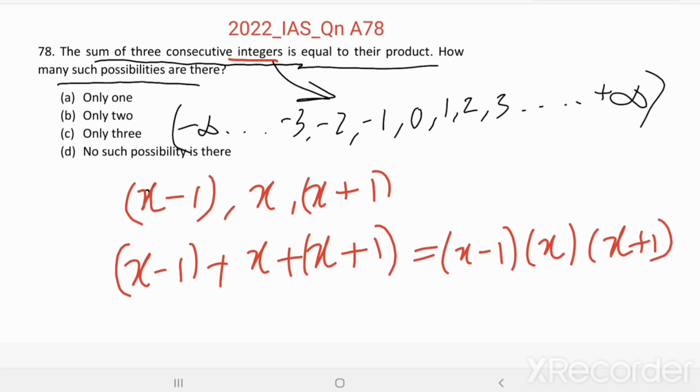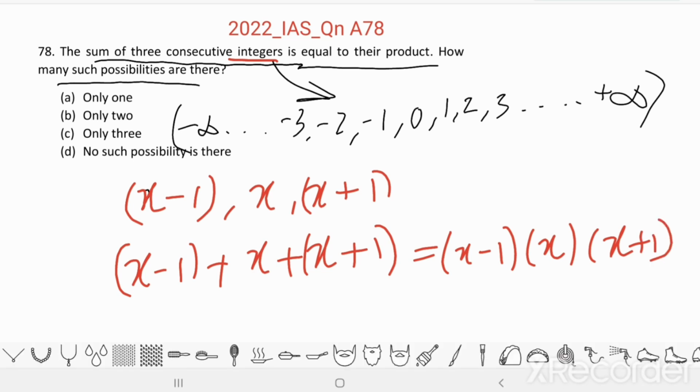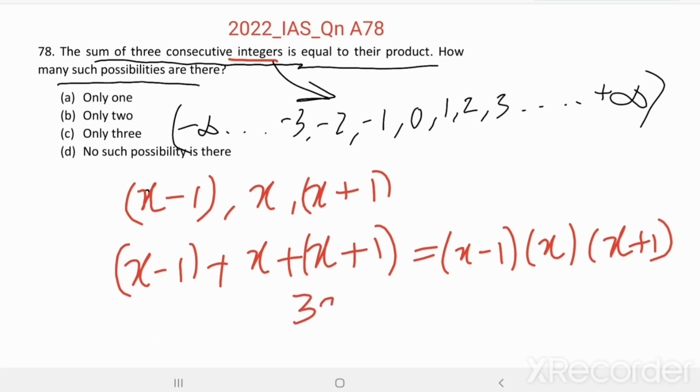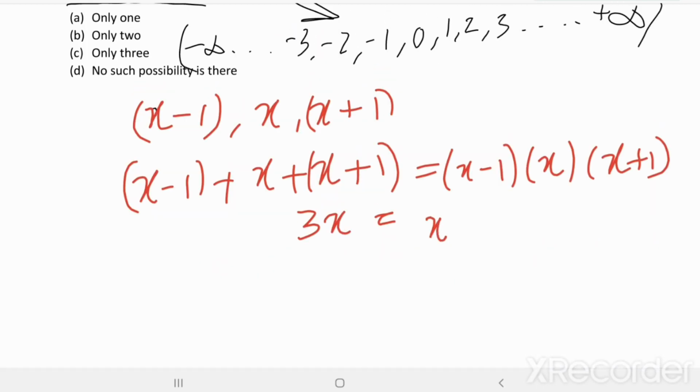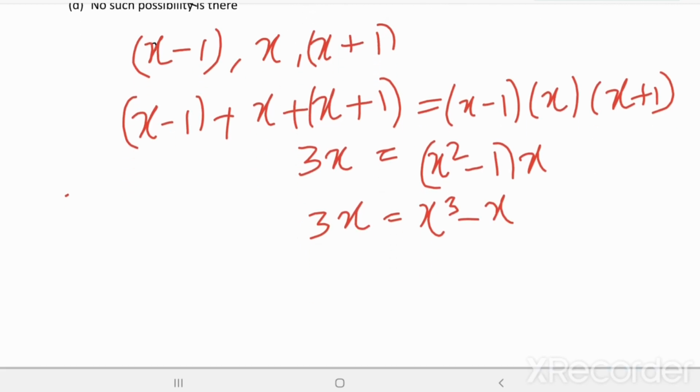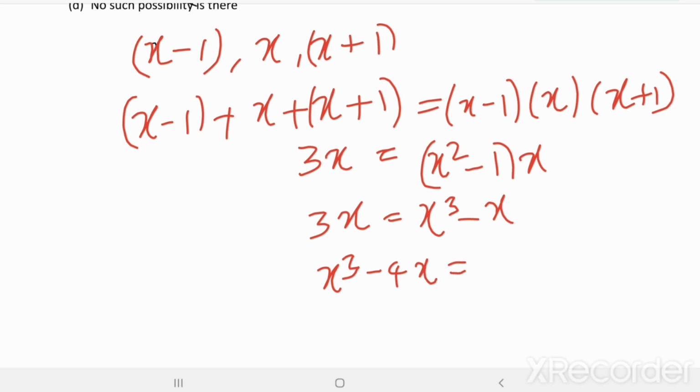Then x minus 1 plus x plus 1 equals 3x, which is equal to x minus 1 into x plus 1 into x, which is x square minus 1 into x. Then 3x equals x cube minus x, so x cube minus 4x equals 0.